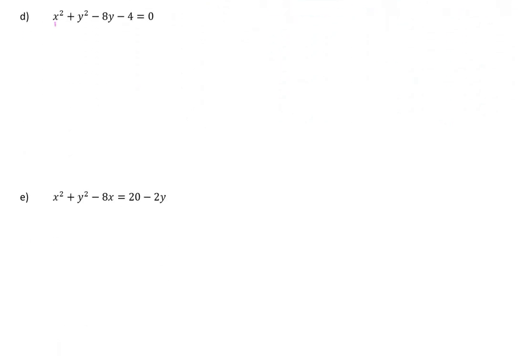Oh, this one's interesting. x², it doesn't have any other partner, so it's just x². These two would have come from y. Half the coefficient of y, so half of −8 is −4, squared. Now here I'm going to kick over the 4 because I want all constants on this side, so it's 4. But I've also added something by mistake here.